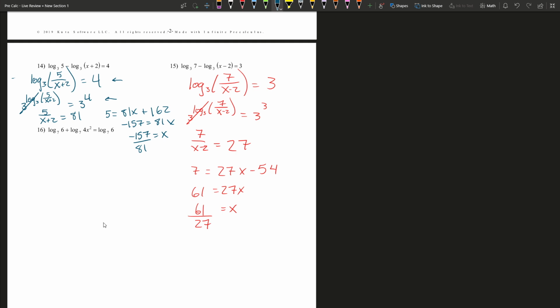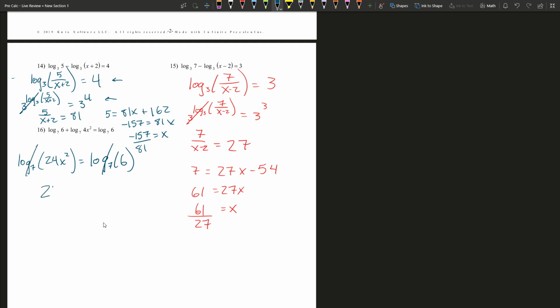And then same thing on 16, except we're not using the quotient property, we're using the product property. So when we condense the left-hand side, we get log base 7 of 24x squared is equal to log base 7 of 6. Because you have a log base 7 on both sides, they cancel.